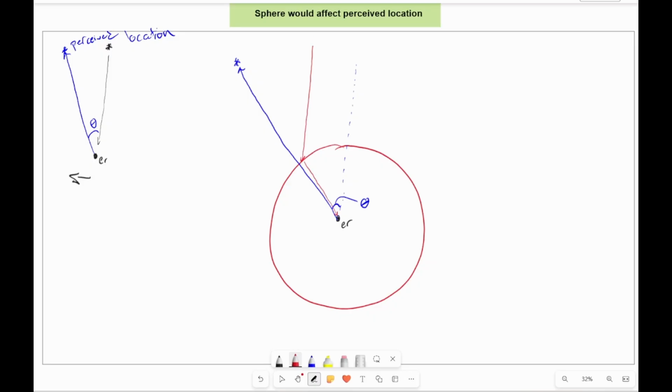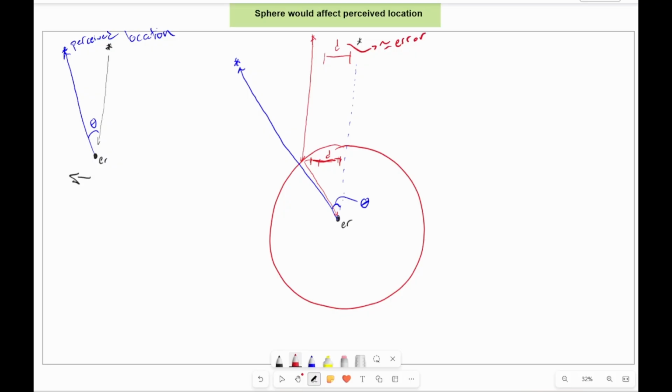And so there's going to be D, right? And so D is going to be proportional to the error of our measurement.